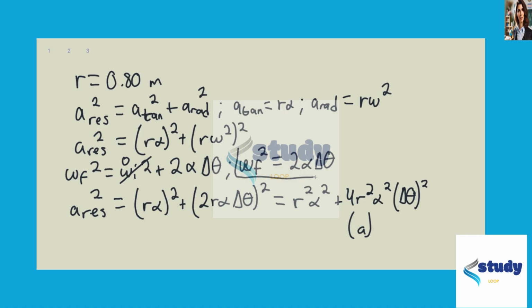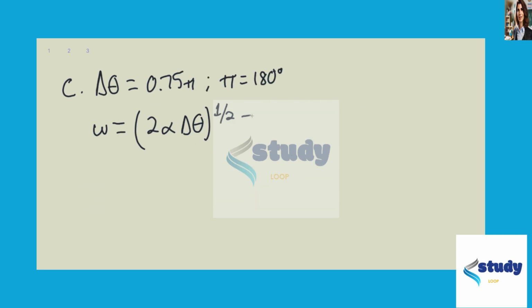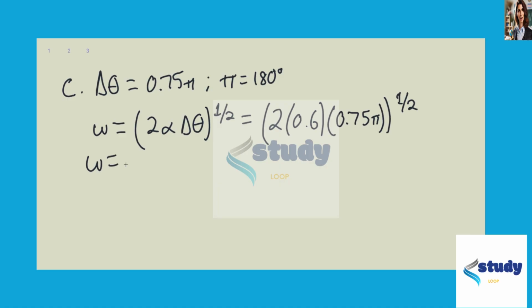So we use this equation here for part C. And at this point, we can solve. So 2 times alpha, 0.6, and then times 0.75 pi. And we can do this all to the 1/2 power. And omega is found to be 1.681 radians per second.